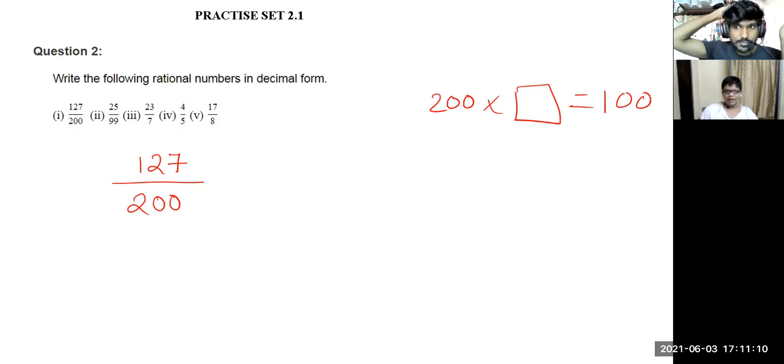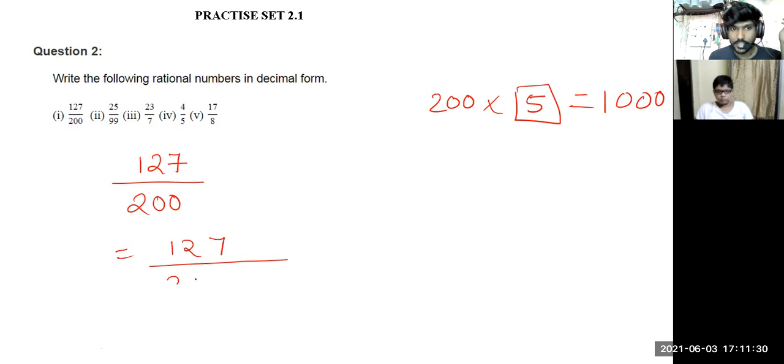Yes, multiplied by 5. If you multiply it by 5, you get 1000. So you can change this denominator by multiplying it by 5. In the next step, 127 over the denominator, I'll multiply it with 5, and after multiplying it by 5, I'll get 1000.